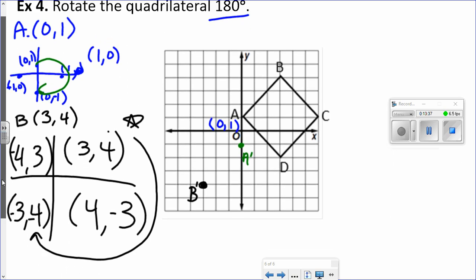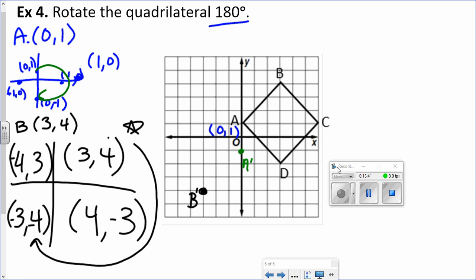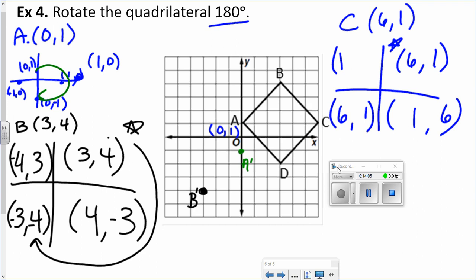Then let's do C. And so C, the coordinates are 6, 1. And again, that's in quadrant 1. Over here at 6, 1. And that's where we started. So flip it, flip it again, flip it again.